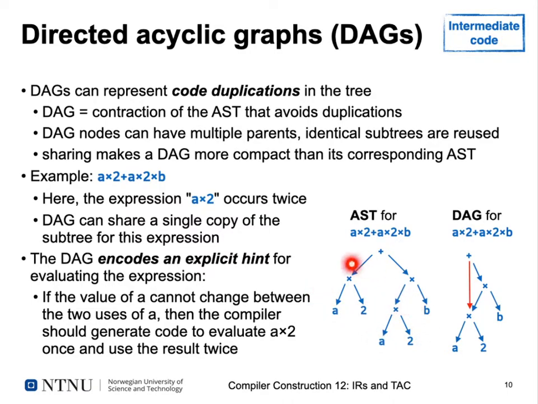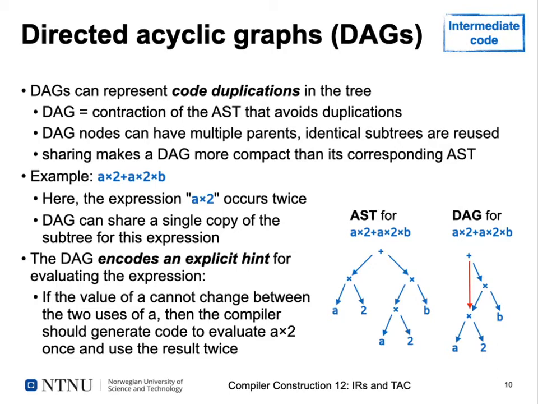So you see in this AST our partial expression a times 2 is contained twice here as an identical substructure here. So this means that a DAG node now must be able to have multiple parents, because we want to reuse these identical subtrees, and sharing these makes a DAG more compact than the corresponding AST.